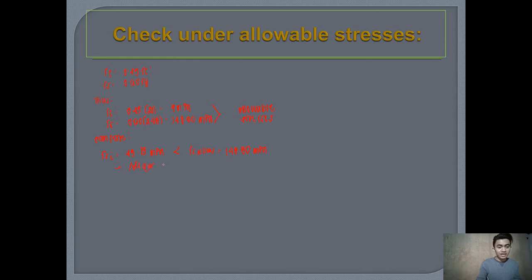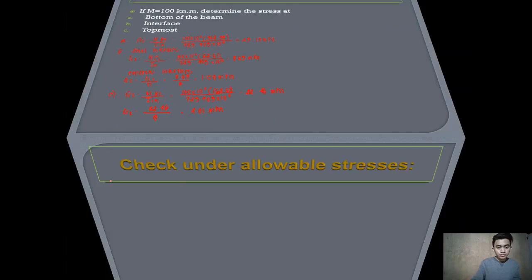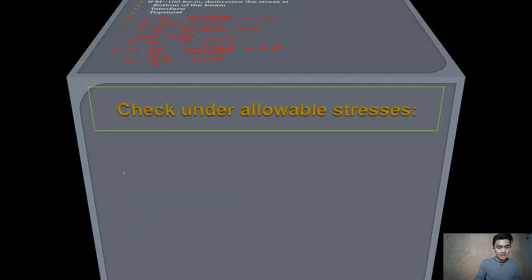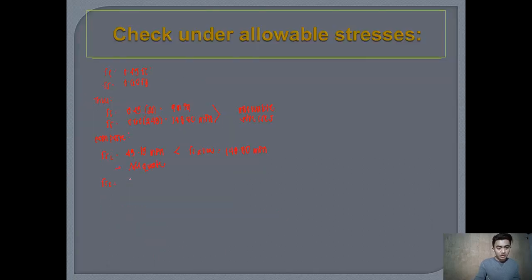And then the last one for FST, that is now equal to 2.81 megapascal. So we have here 2.81 megapascal, which is less than the allowable stress for concrete, which is equal to 9 megapascal.